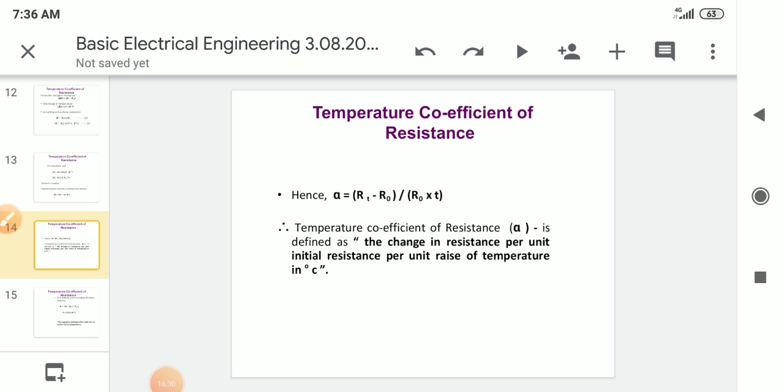Here, the temperature coefficient of resistance alpha may be defined as the ratio of the increase in resistance per degree rise of temperature to the original resistance, and its symbol is alpha. What is the unit for that? Its unit is per degree centigrade.